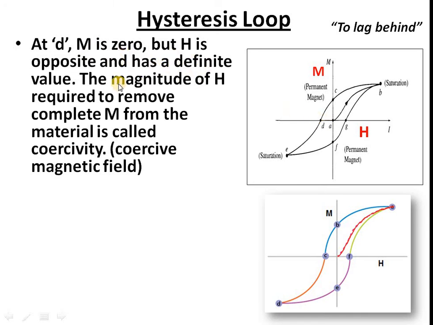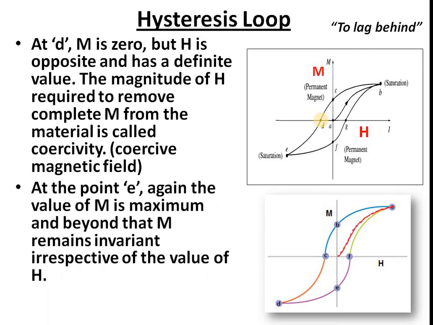H is opposite and has a definite value. That H value is called coercivity, the applied magnetic field required to remove the entire magnetization. Coercivity is the magnitude of the magnetic field required to remove completely the magnetization.